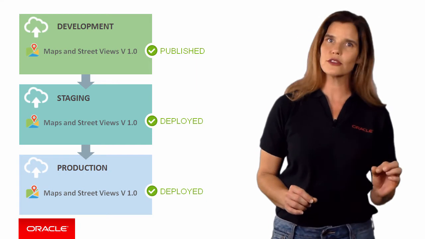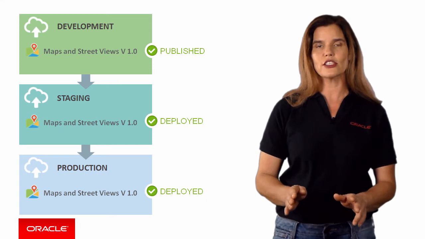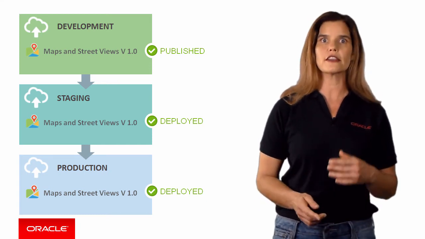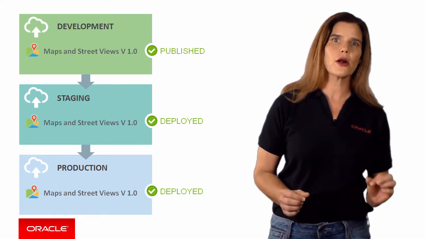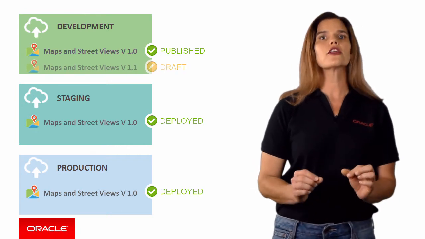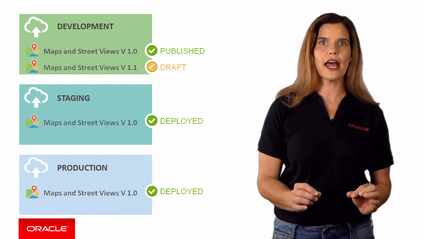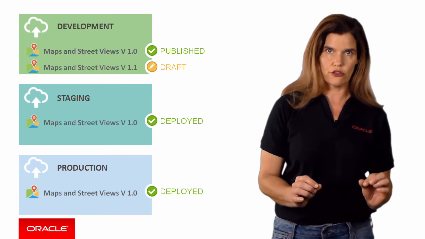Now, in a real-world development scenario, you rarely go directly from development to staging and then production without multiple iterations of fixes and testing in the development and staging environments. So when QA finds problems with an asset, you go back to the development environment and create a new version of the asset. Remember, you've already published the first version of the asset, so you can no longer modify it. You must create a new version.